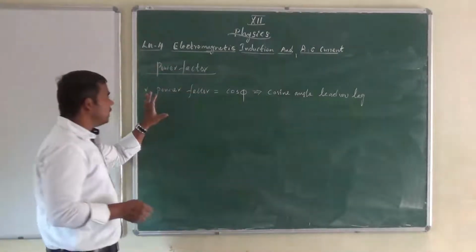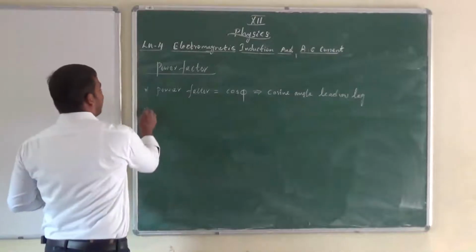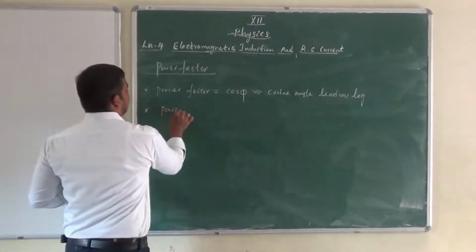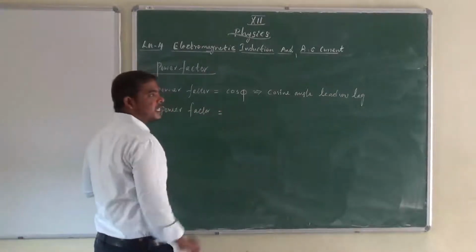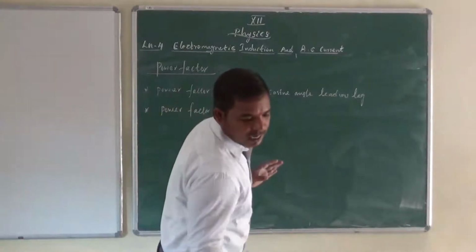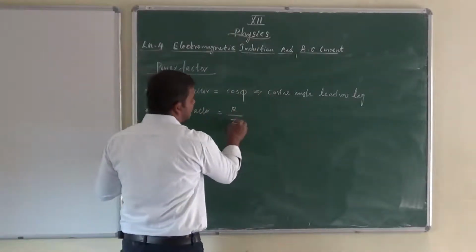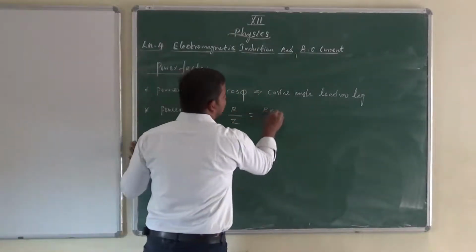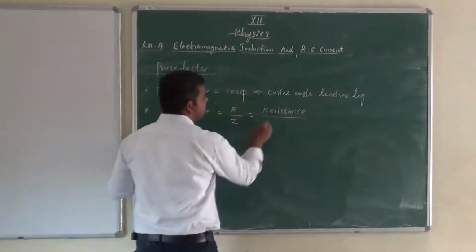Not only in this formation, we can write power factor in many formations. Power factor is also resistance by impedance. What is that? Resistance by impedance, R by Z. R means resistance, Z means impedance.